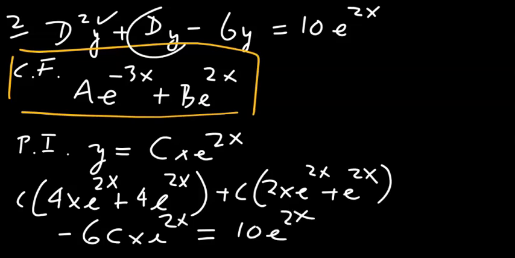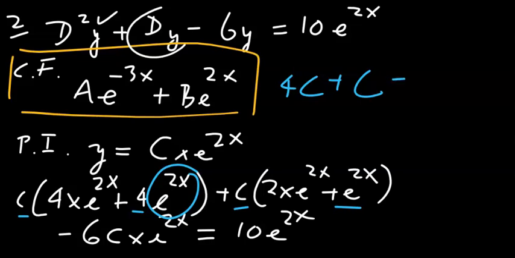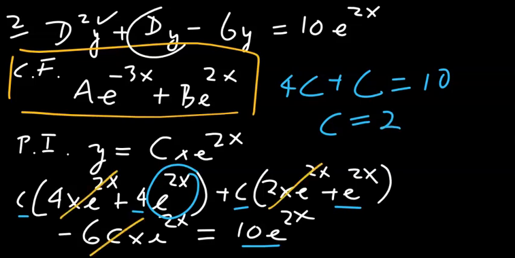Let's compare both sides. So 4 times c, because it is multiplied by e^(2x), plus c equals 10. So c is 2. As you can see, this plus that will just give you 0.